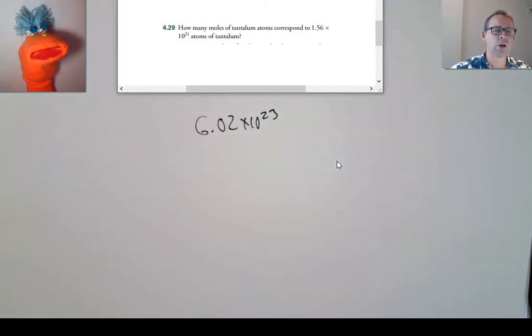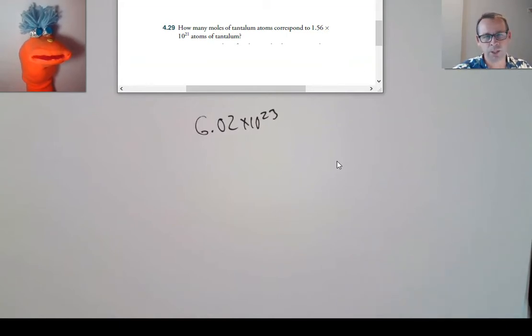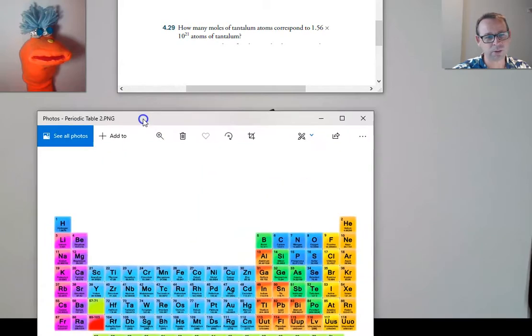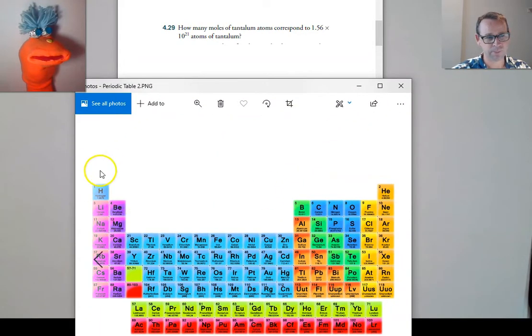All right? How did we get that number? That's the number of atoms of carbon that are in 12 grams of carbon. And because the element carbon is 12 times heavier than the lightest atom, or pretty close to 12, we defined 1 mole of a species as 12 grams. 1 mole of carbon is 12 grams of carbon.